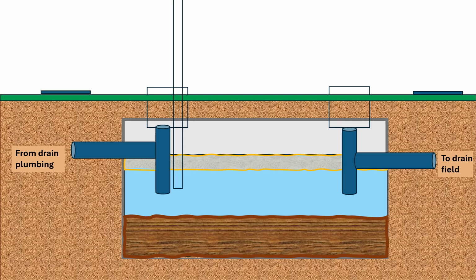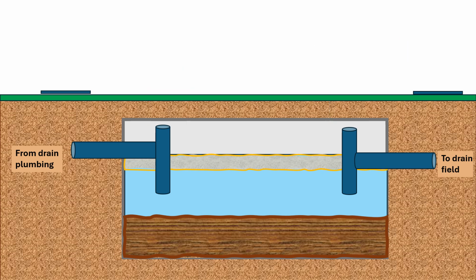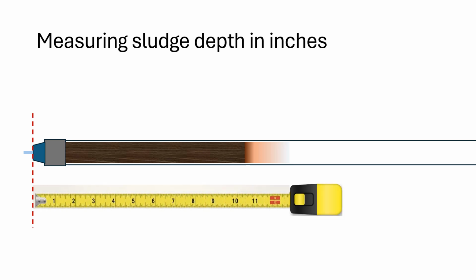And here we are pushing that sludge judge through that bottom sludge layer, and then when we pull it up, we'll have a measurement that we can take. In this slide, we have a sludge judge that has captured a sludge layer, and if we measure from the bottom of the sludge judge where it would have met the bottom of the septic tank to the top of where we can see the sludge layer, we can see it has a dark, thick brown portion of solids that are in our sludge judge.